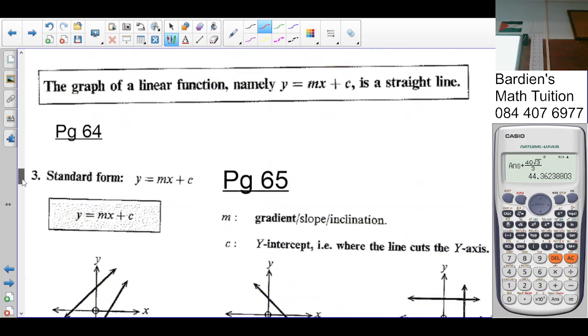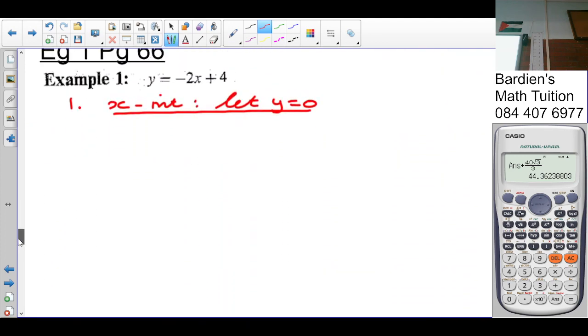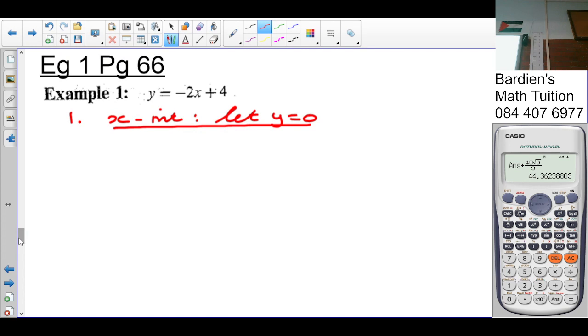So with that information we go, okay, x-intercept, let y equal to 0. So here's a y here, not so. So 0 is equal to negative 2x plus 4. So solve for x quickly.